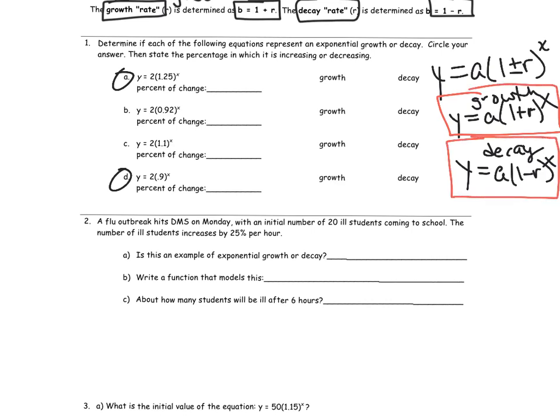All right. Well, notice how the number that represents b is greater than 1. So because that number is greater than 1, this is going to be a growth. Now the percentage of change. I want to know the percent this went up by. So this could really be rewritten as 1 plus r, right?